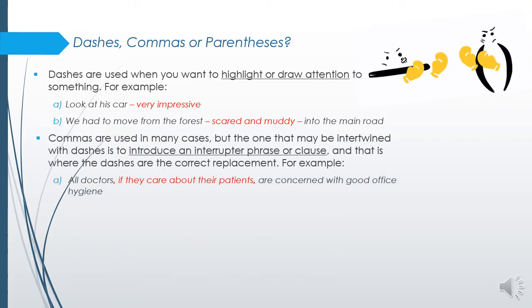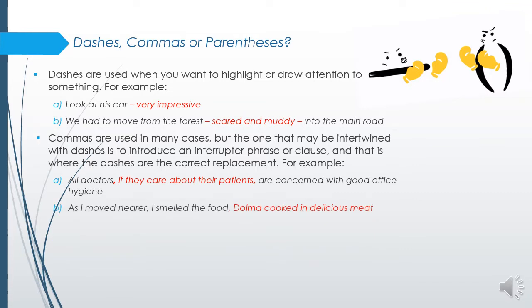"All doctors, if they care about their patients, are concerned with good office hygiene." In this sentence, the commas are used to introduce an interrupter phrase, or an interrupter clause in this case. And this should be replaced by a dash after "doctors" and a dash after "patients."